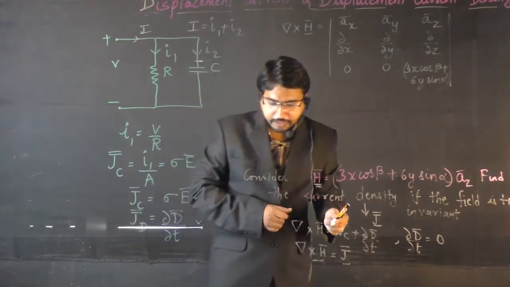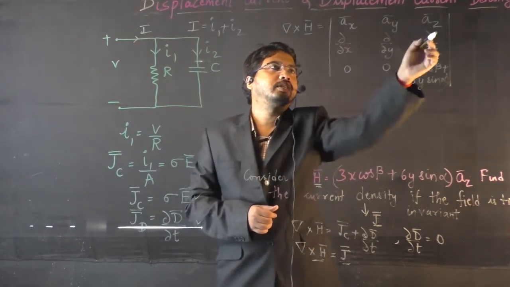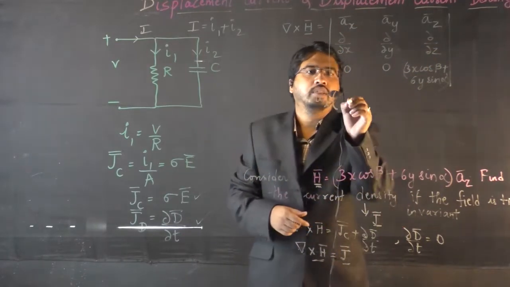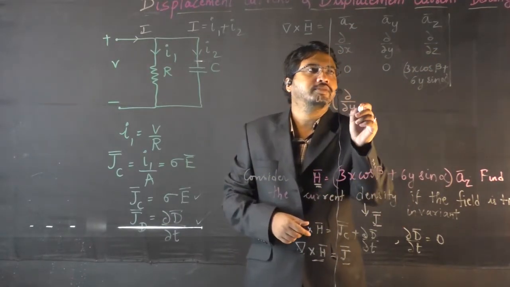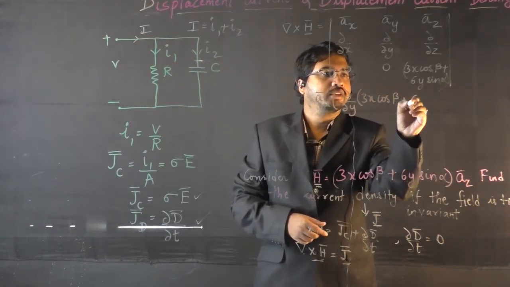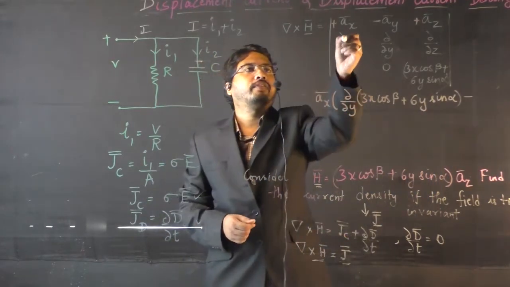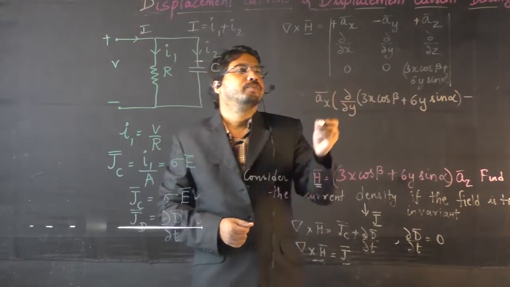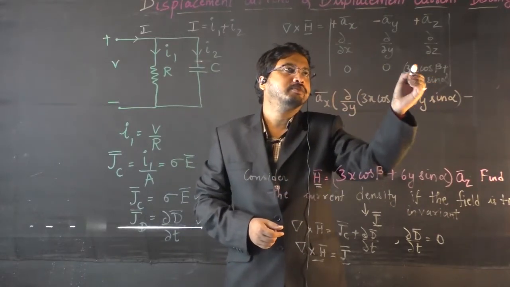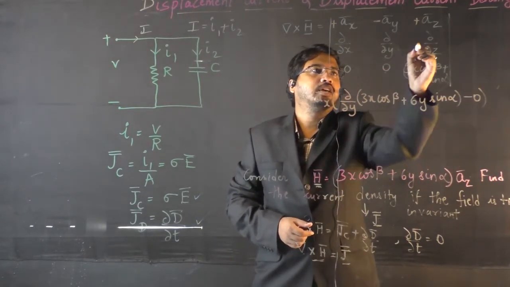If we find the determinant value for this, leave the first row and column: Ax bar into dou by dou y of 3x cos beta plus 6y sin alpha. For finding the determinant, we should find Ax into dou by dou y of this term, and minus 0, because this term will become 0.